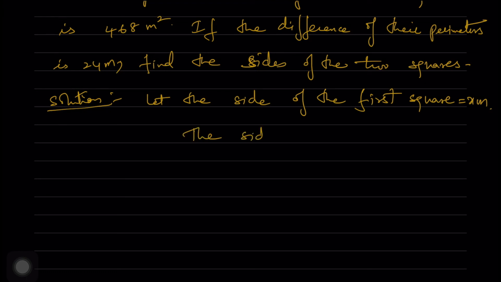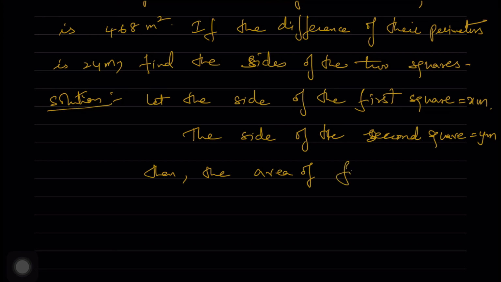The side of the second square is equal to y meters. Then the area of first square is equal to x square meter square.